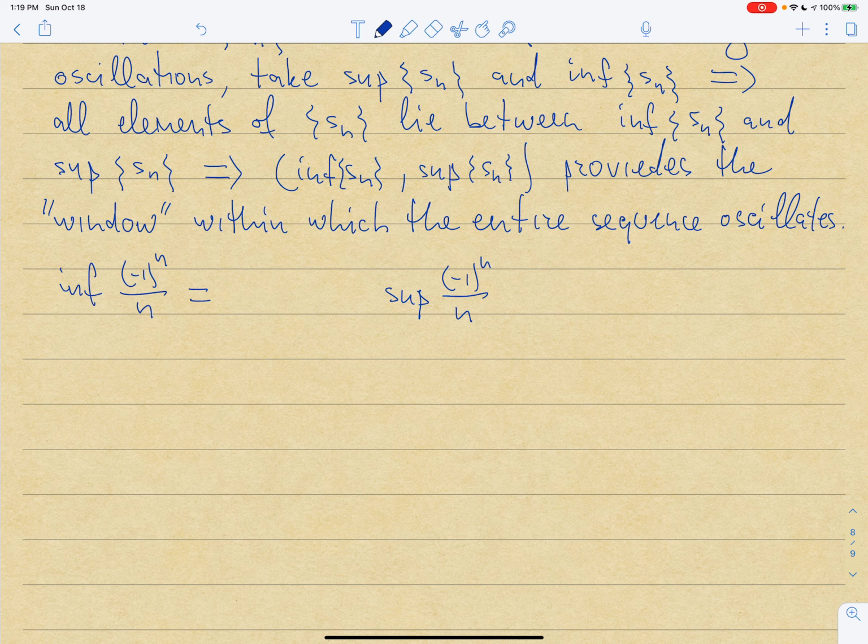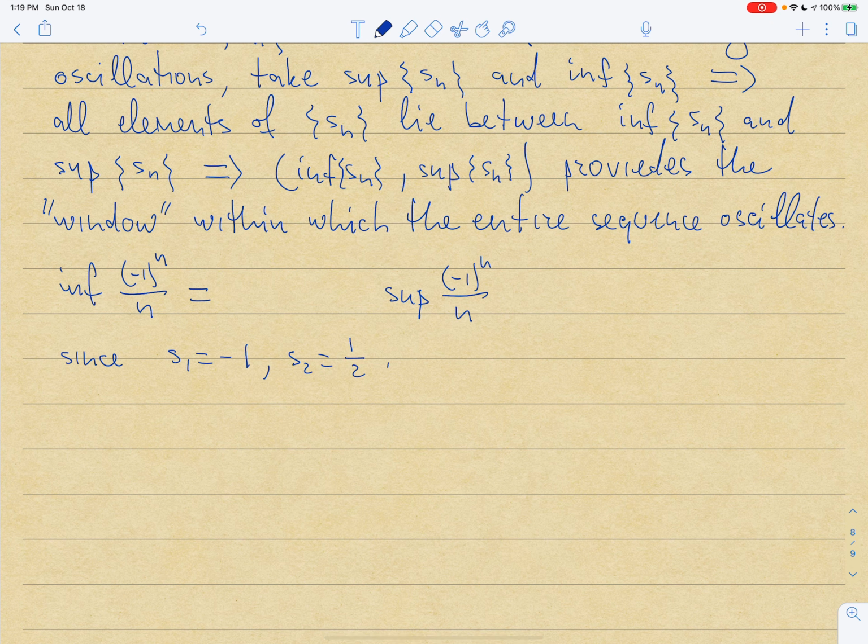How do we find infimum? So the sequence starts at, again, S1 is -1, S2 is 1/2, S3 is -1/3, etc.